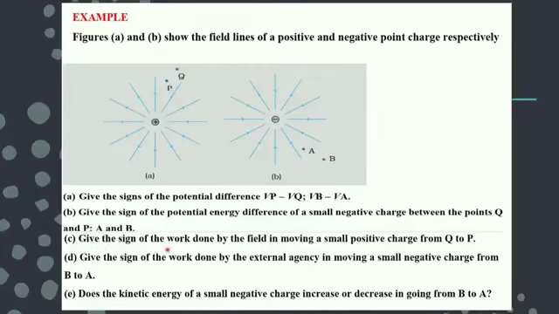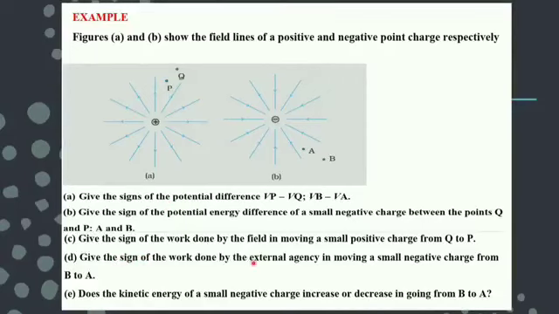You have to give the sign of work done by the field in moving a small positive charge from Q to P. Q to P, you are bringing the positive charge in a direction opposite to the electric field. Work done by the field will of course be negative. If they ask work done by you, then it will be positive.